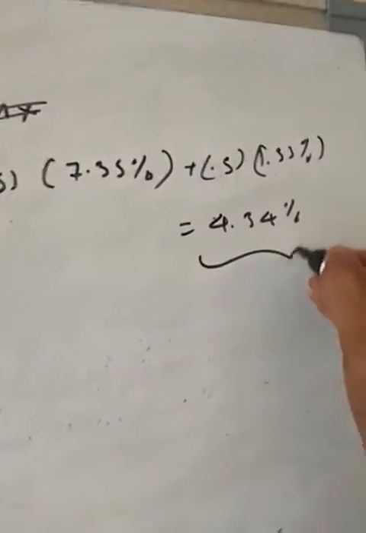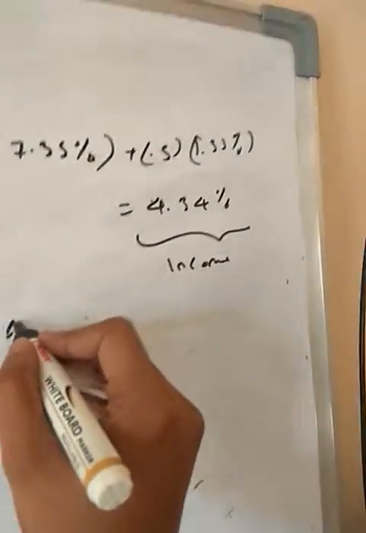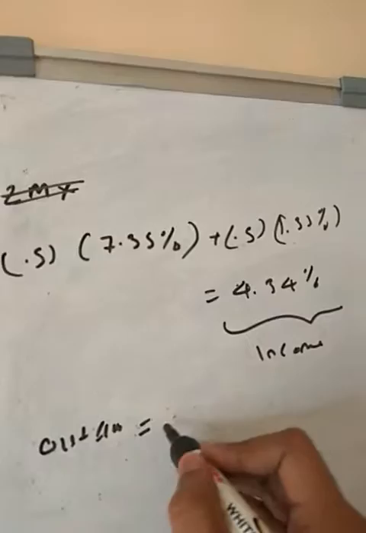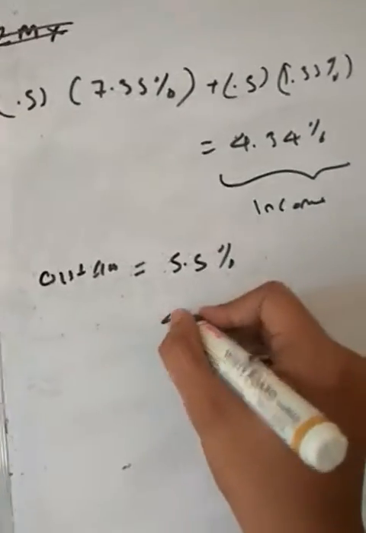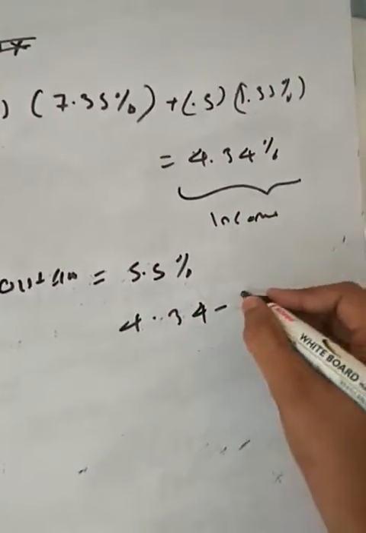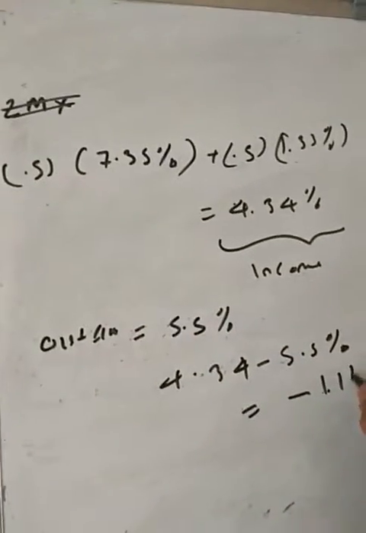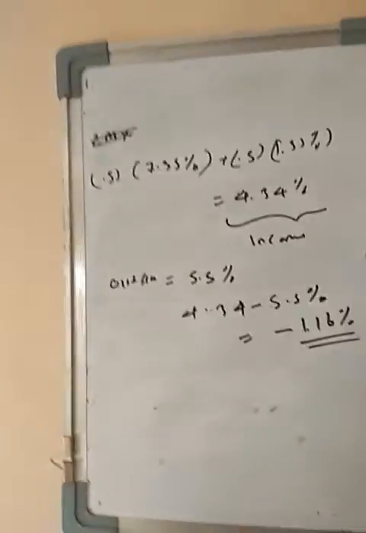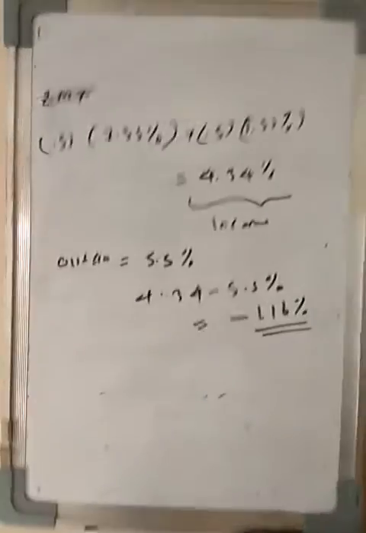This is the income. Our outflow was 5.5 percentage. Now 4.34 minus 5.5 percentage, clearly it is negative 1.16 percentage. So at the end the bank lost 1.16 percentage after all these maths.